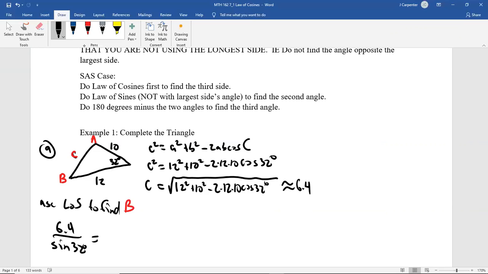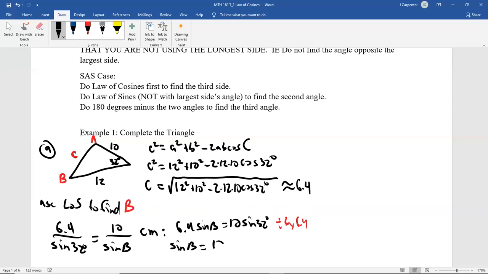now we got to go after the B's, which was the 10 over the sine of B. We're going to cross multiply, which will give us 6.4 sine of B equals 10 times the sine of 32 degrees. We're going to divide both sides by 6.4, which will give us that the sine of B is equal to 10 sine of 32 degrees over 6.4.